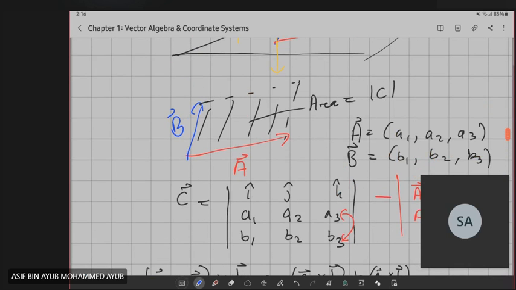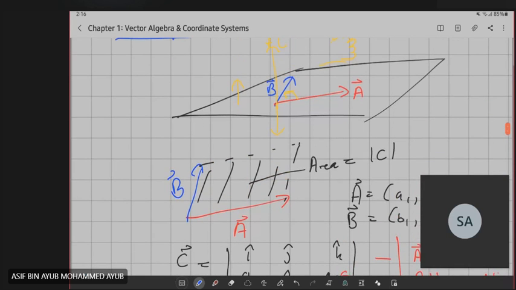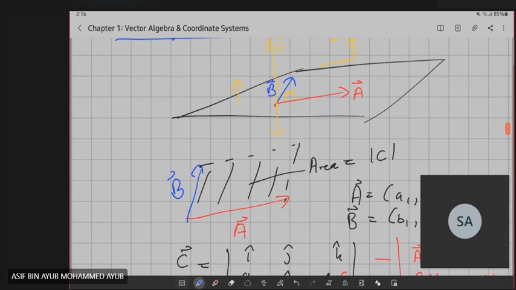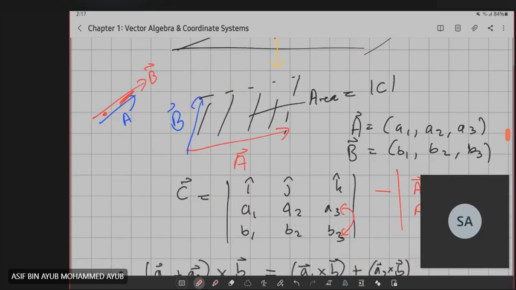Now, the cross product gave you the area between two vectors. And so, you can think of cross product as telling you how spread apart the two vectors a and b are. If the vectors a and b are parallel to each other, the cross product will give you 0 because the area between a and b is 0. So cross product is a measure of how spread apart a and b are.